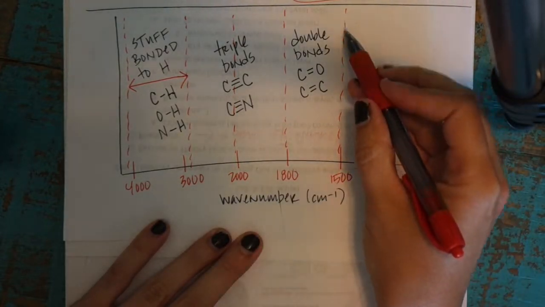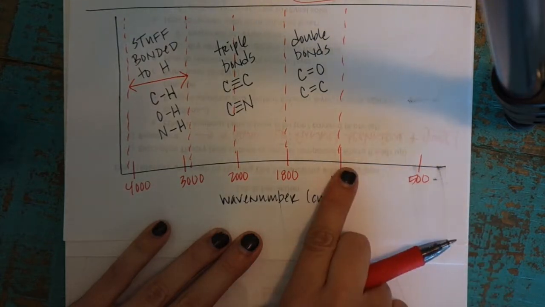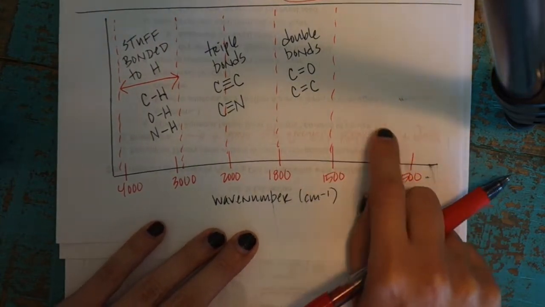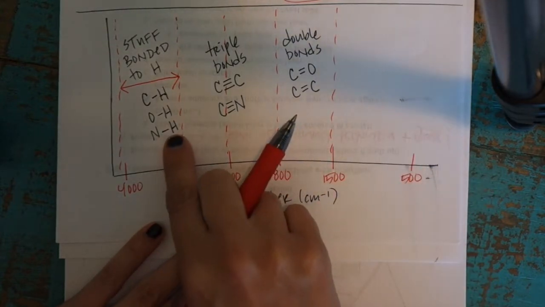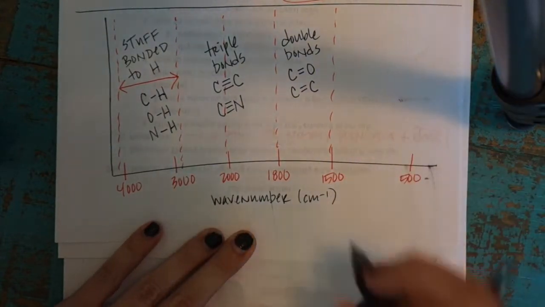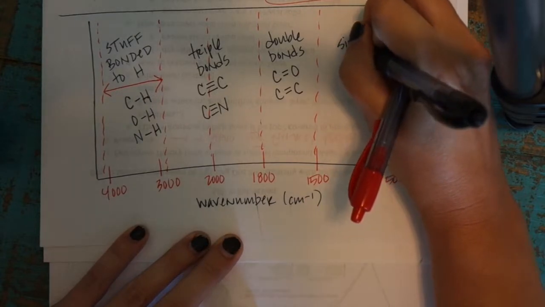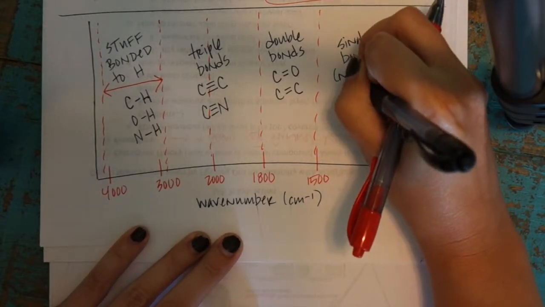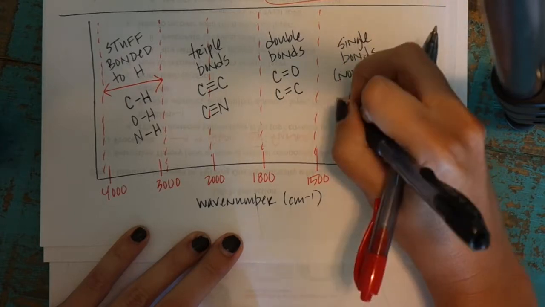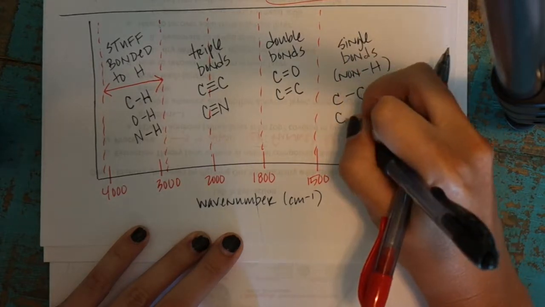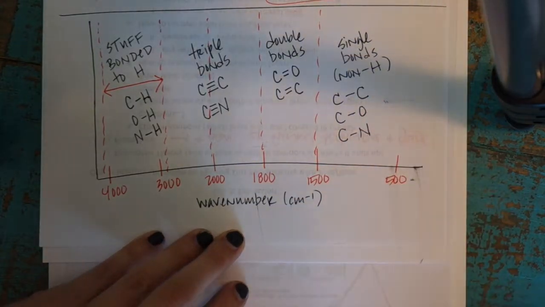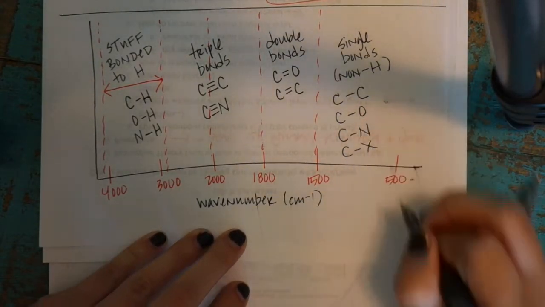After that, we hit the fingerprint region, and everything to the right of it is generally going to be single bonds, so sigma bonds, to stuff other than H. So like carbon-carbon bonds, carbon-oxygen bonds, carbon-nitrogen bonds, and halogens, all of that is down here.